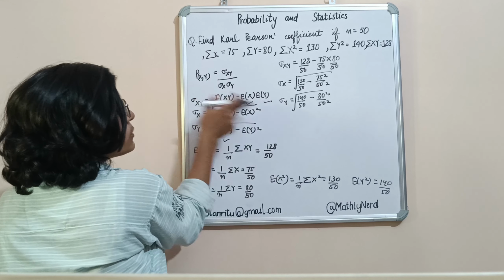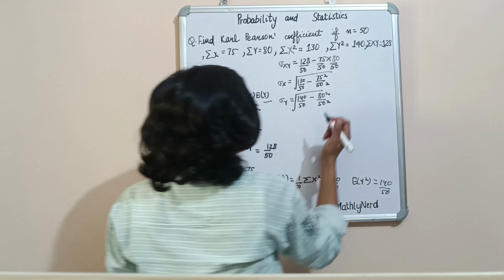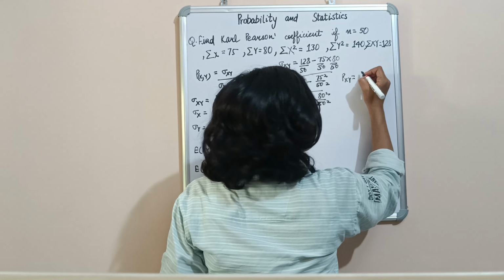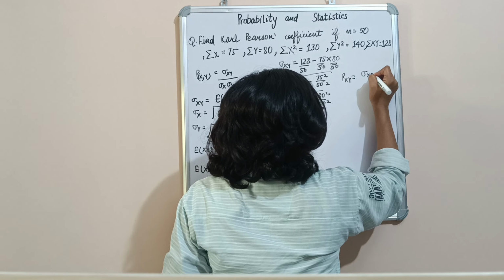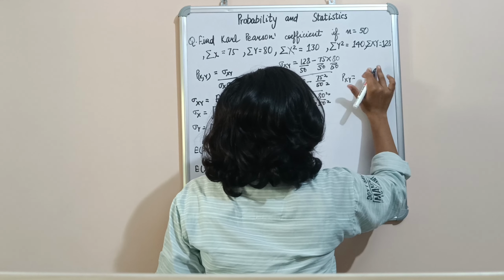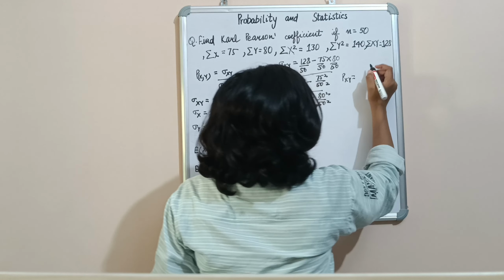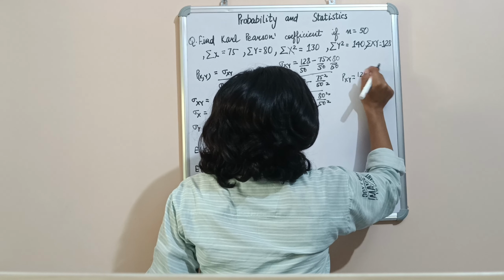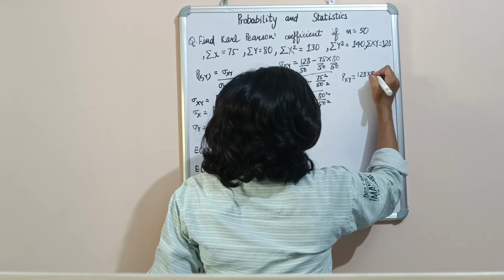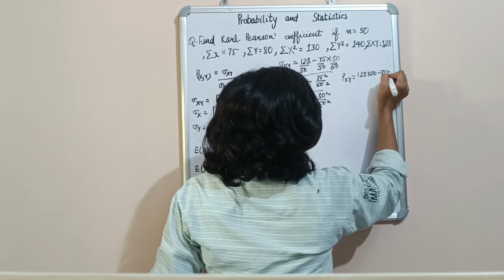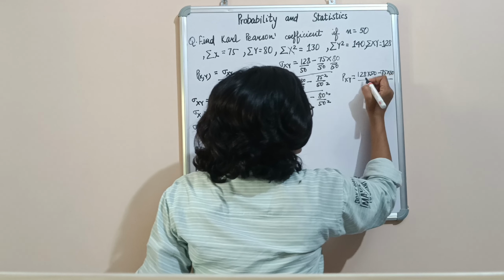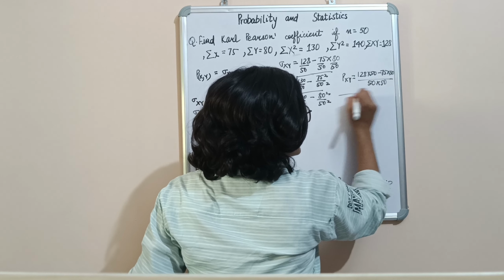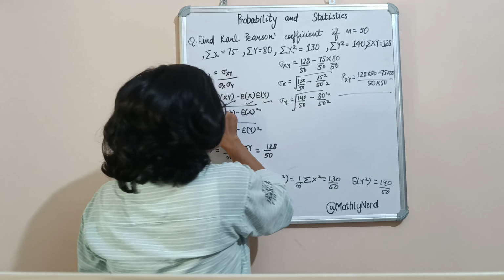Now we will just put these values in this formula. So our ρ(x, y) will be equal to σxy's value, that is 128 into 50 minus 75 into 80 by 50 into 50, taking the LCM, divided by σx.